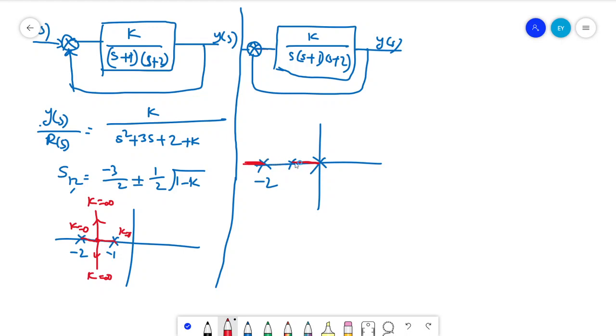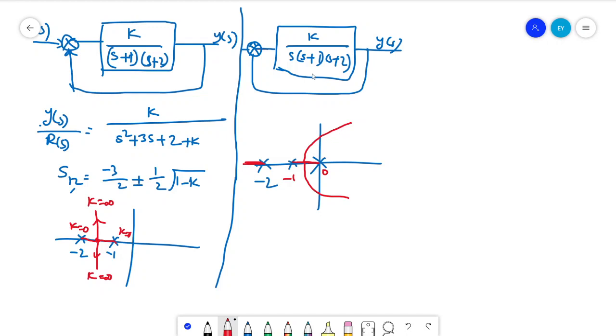So for this particular plot, since there is an extra pole here, the effect will be towards the imaginary axis. If you check the root locus for this, definitely the root locus will be at -1, 0, and it will actually go towards the imaginary plane and go this way.